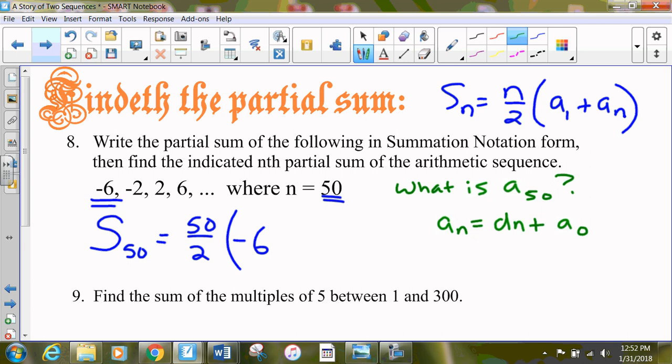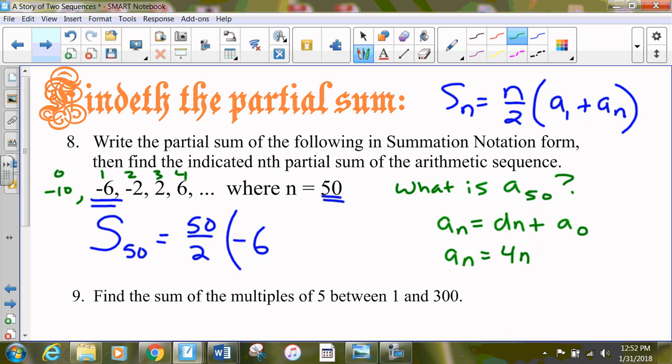All right, so my d is 4, so I've got a sub n equals 4n. If I'm moving to the right on the sequence, I'm adding 4. If I move to the left, I'm subtracting 4, which means if that's my first, second, third, fourth terms, when I'm moving to the left and I subtract 4, I get that my 0th term is -10.